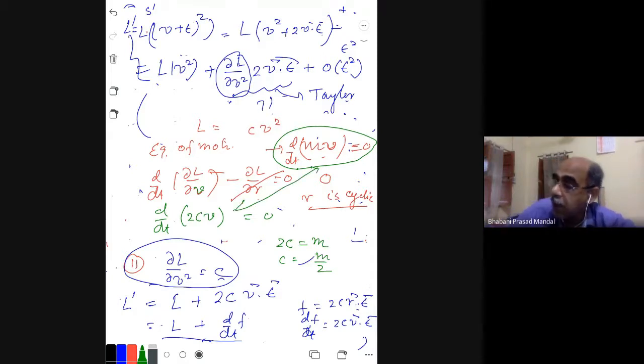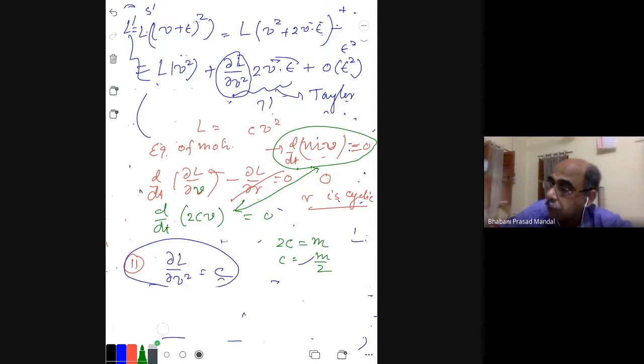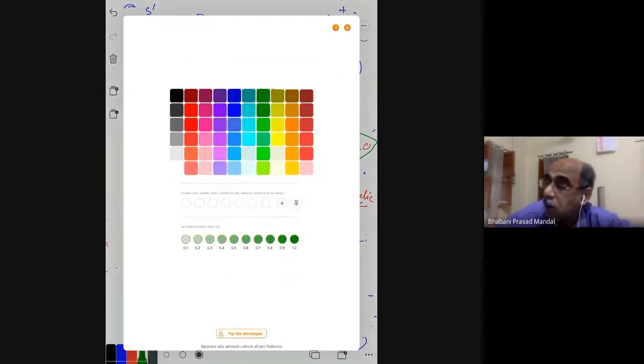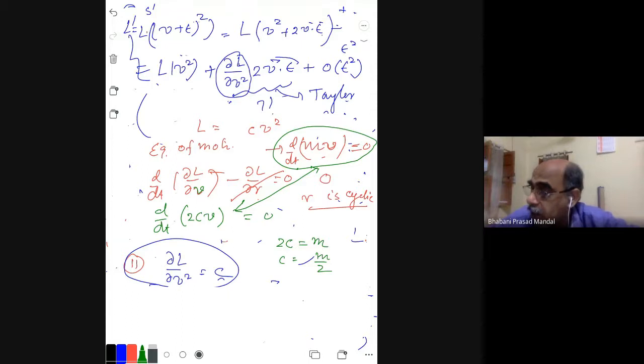So from here I conclude that the Lagrangian for a free particle is L equal to half m V square.